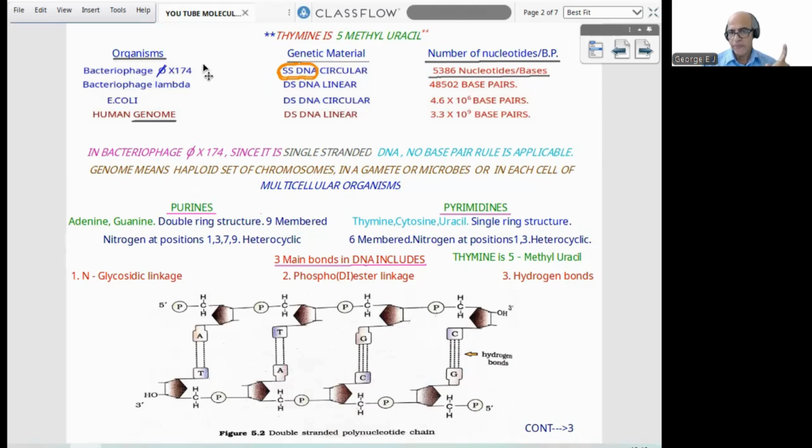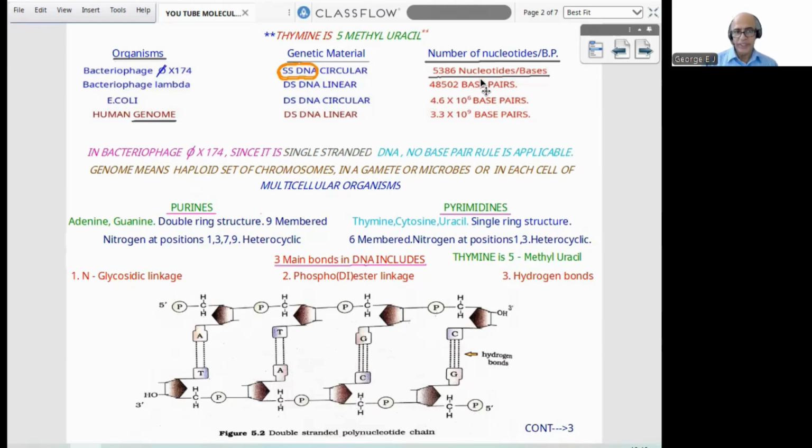The shape is circular, and it has 5386 nucleotides or bases, no pairs, single-stranded. Bacteriophage lambda has double-stranded linear DNA of 48502 base pairs.